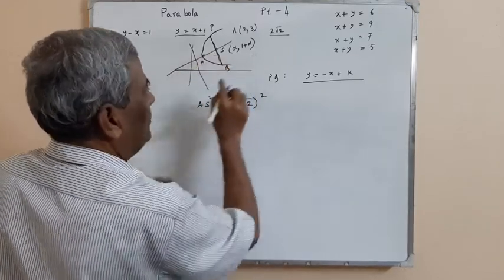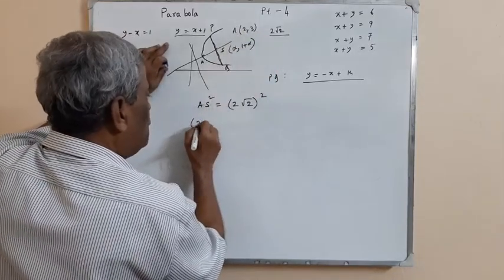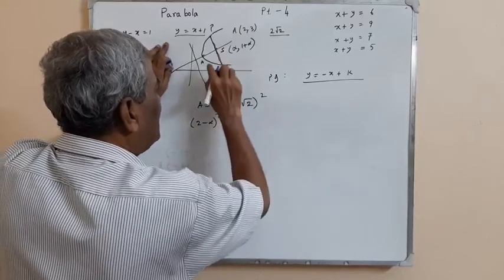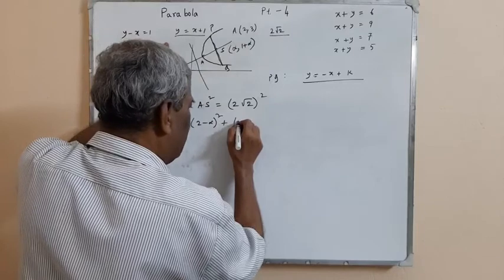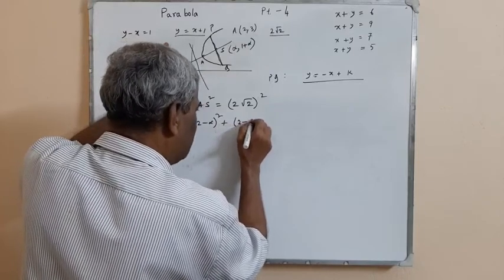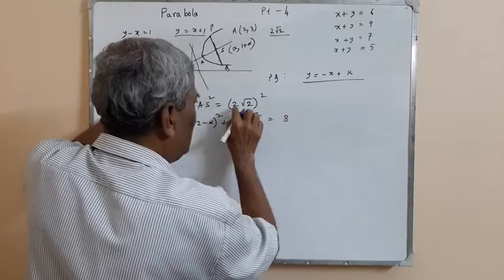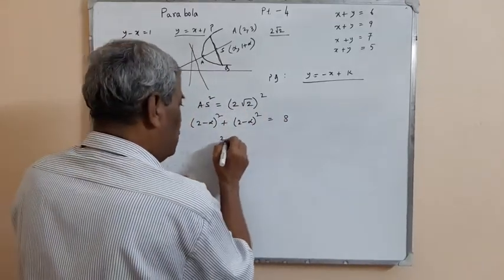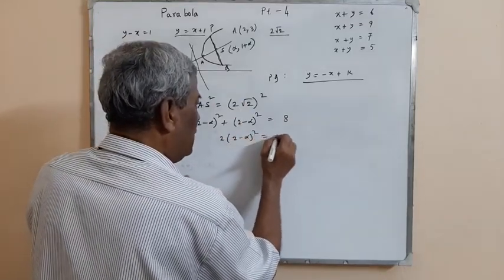A is 2, 3. So it is 2 minus alpha whole square plus 3 minus 1 plus alpha whole square, that is 2 minus alpha again whole square, is equal to 8. That is 2 into 2 minus alpha whole square is equal to 8.